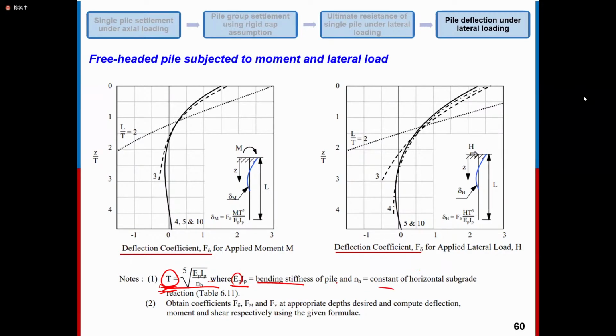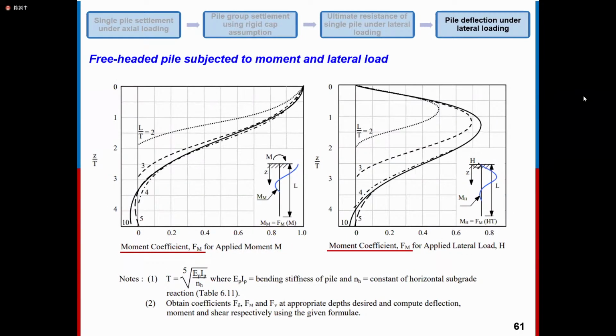And NH is for the subgrade, or we can say it is for the soil reaction, right? I don't go into detail about how to use this chart. The formula is here, at the right bottom corner.